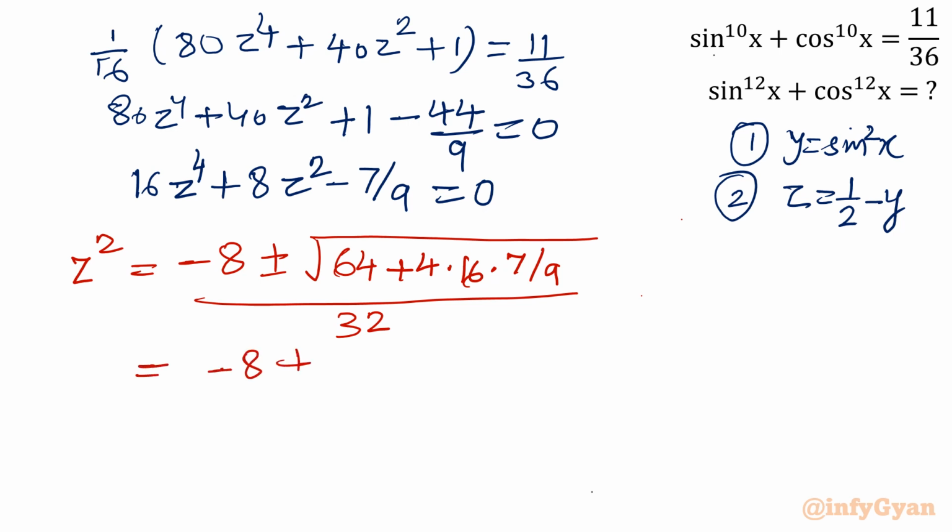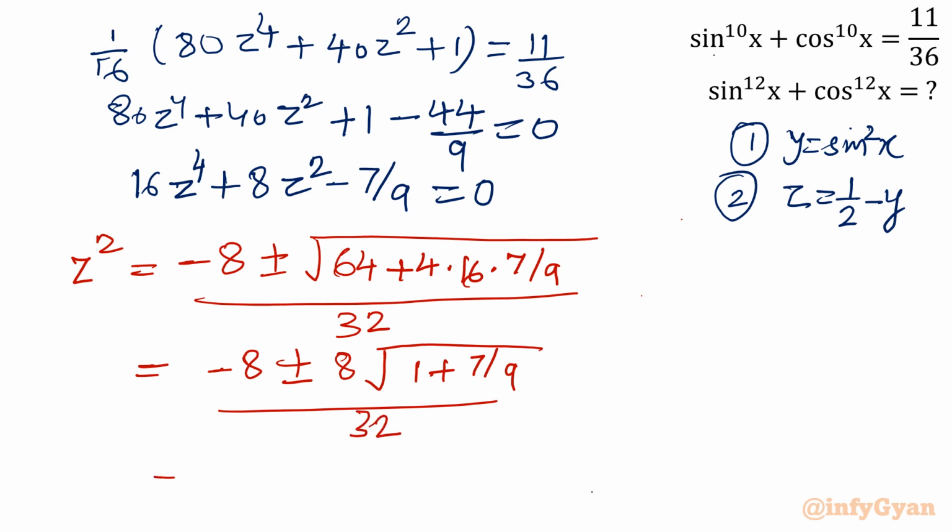So minus 8 plus minus, I will take 64 out, so 8 will come out, 1 plus 7 over 9, divided by 32. I will write here minus 8 plus minus 8, and this is 9 plus 7, 16 over 9, so I will write 4 over 3, divided by 32. Okay.